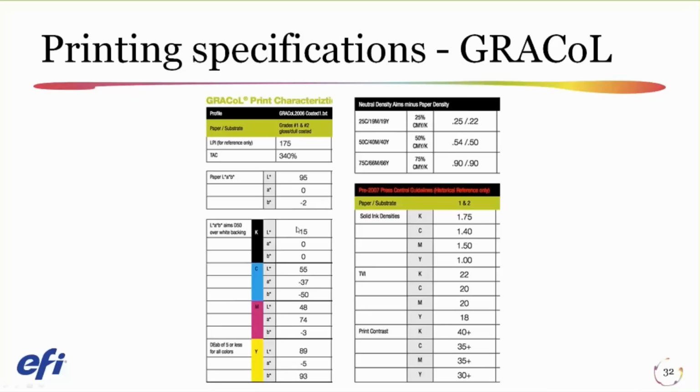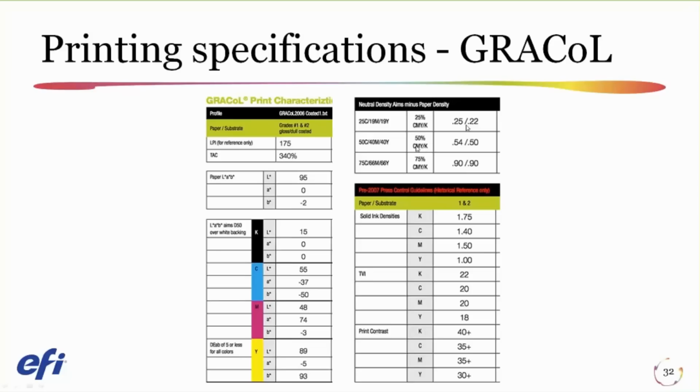Here are the LAB values for the primaries, our CMYK primaries. Now, keep in mind these specifications are for the printing press. The printing press usually has only CMYK inks, where many of our wide format inkjet printers can use specialty inks, additional inks, and that allows us to get an even larger gamut.